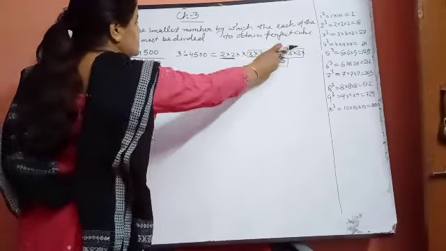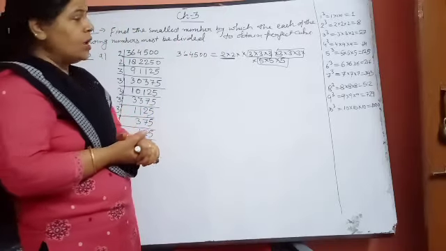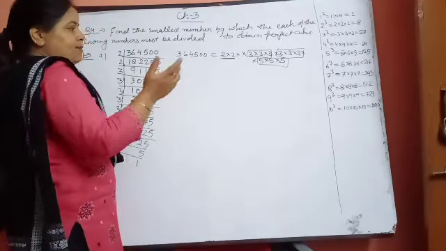In the case of multiplication, we could multiply by some factors to make it a perfect cube. But in the case of division, we don't require these factors. The factors which are not in a group of 3, we should remove from the given number's prime factorization. And we can remove them only by dividing the number by those factors.